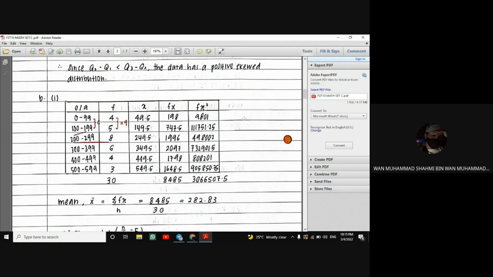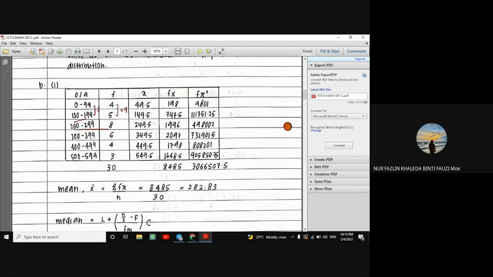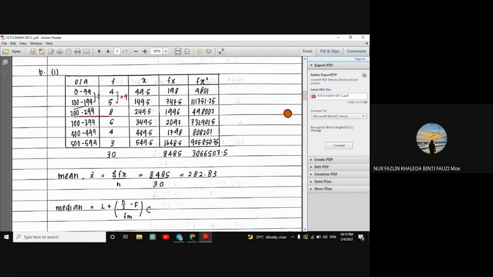It's the sum of the lower and upper boundary divided by 2. Oh, okay. Yes, Shahmi is right. After constructing the table, we calculate the sum of fx and fx square, which is needed later. Then we calculate the mean by dividing the sum of fx by the sum of frequency.